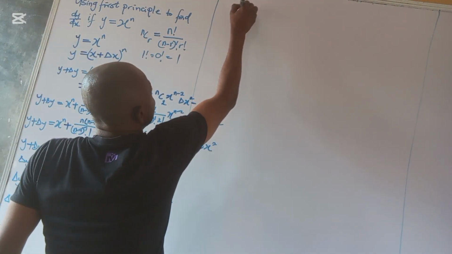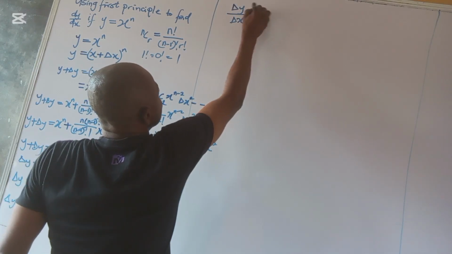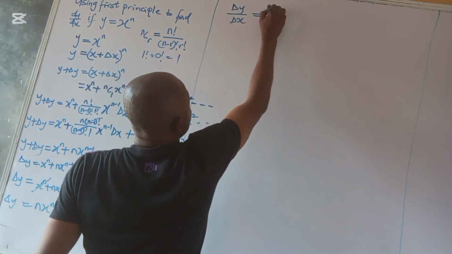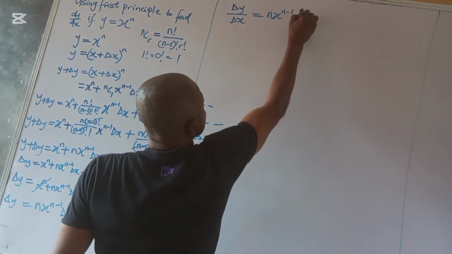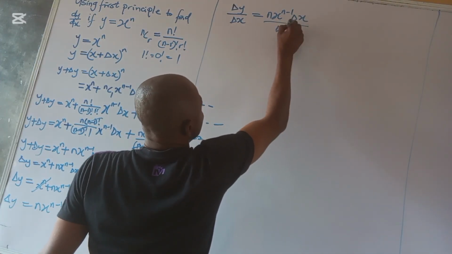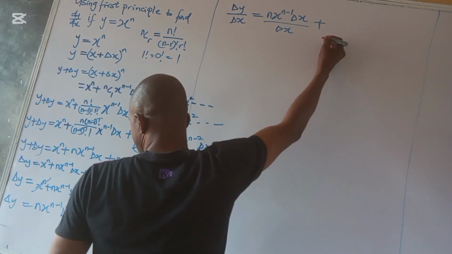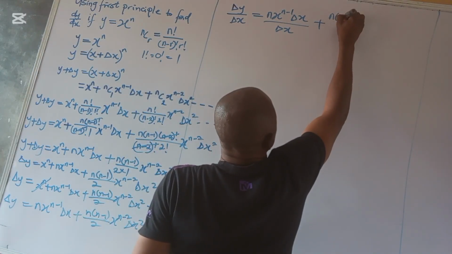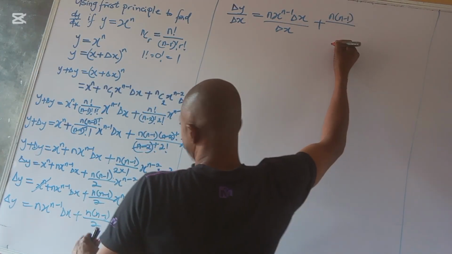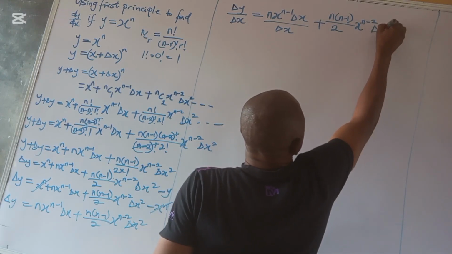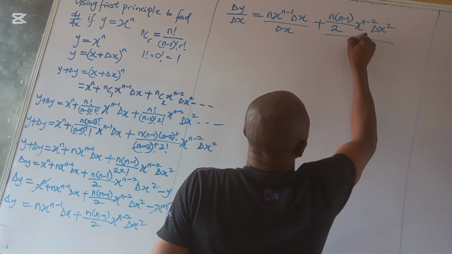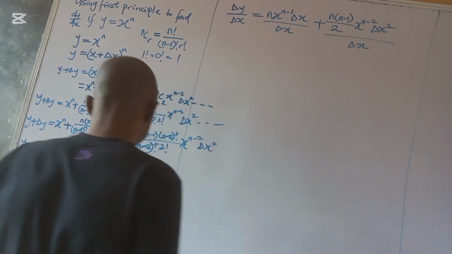We have change in y divided by change in x equal to n x^(n-1) change in x divided by change in x, plus n into (n-1) all over 2 x^(n-2) change in x squared, everything divided by change in x as well.